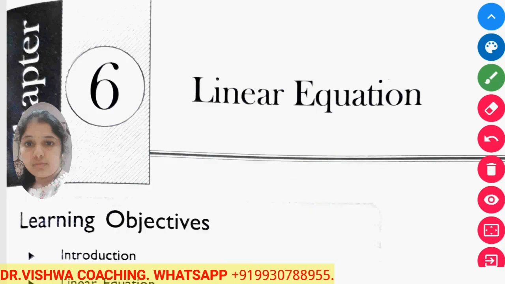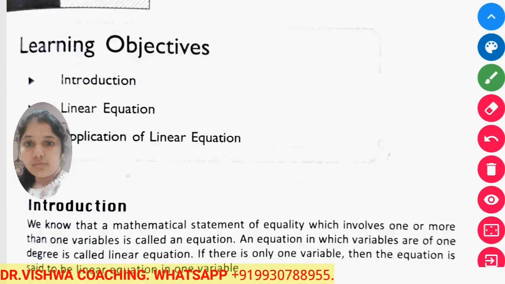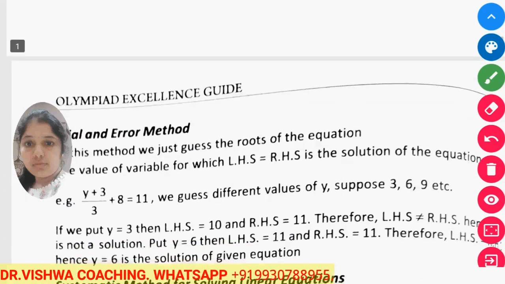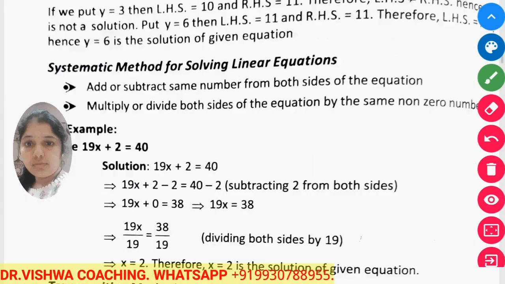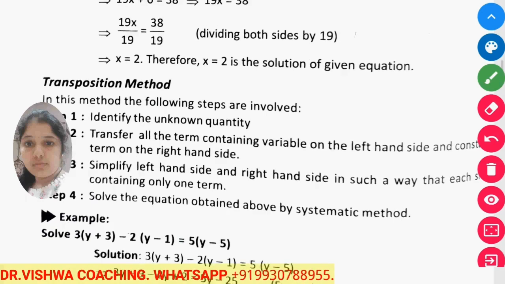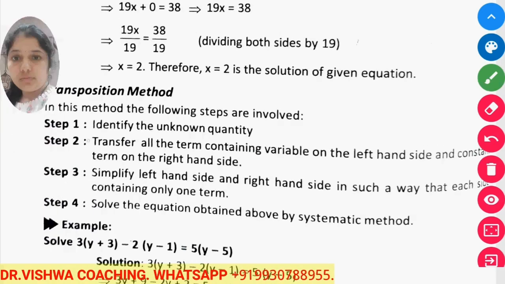Now in this chapter we have to solve the problems or the applications based on these linear equations. Some of the examples are given in the solved examples, and the transposition method steps are also given to you. Identify the unknown quantity. When we solve the word problem, we have to identify the unknown quantity, then transfer all terms containing the variable on the left side of the equation and the constant term on the right side.